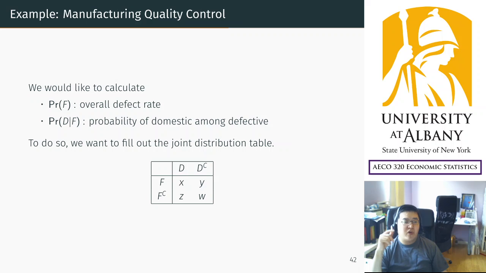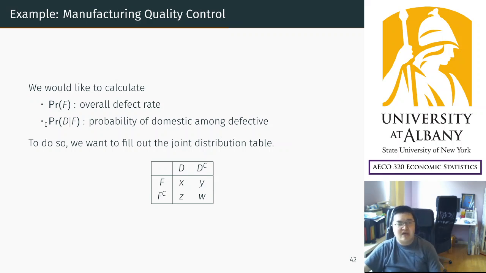And from there, what we want to calculate is, for example, things like this: the overall defect rate. As a consumer, I don't care if the battery is imported or domestically produced. What matters is whether it is defective or not. So I'd like to calculate the overall probability of defect.